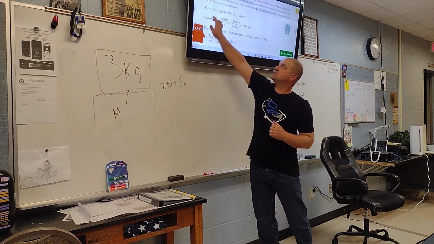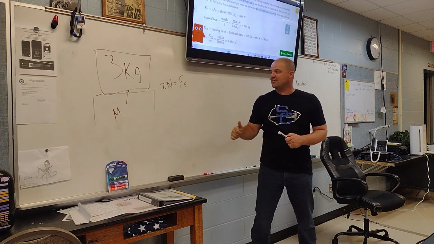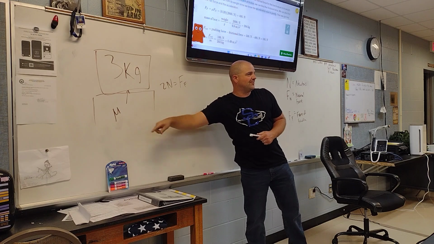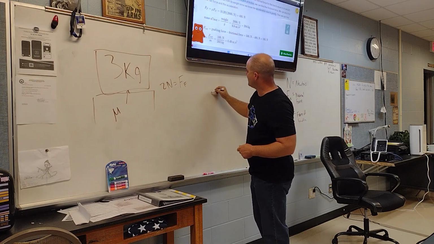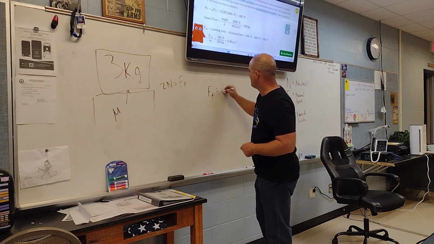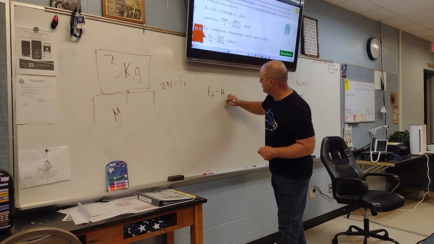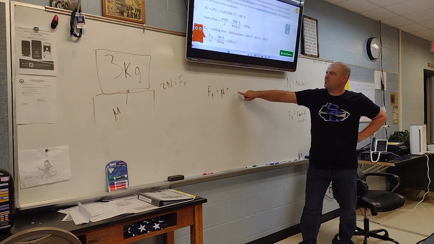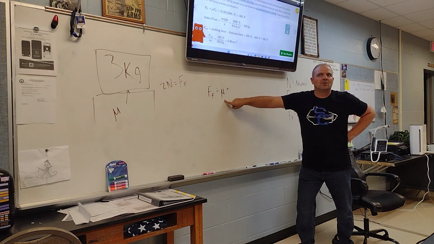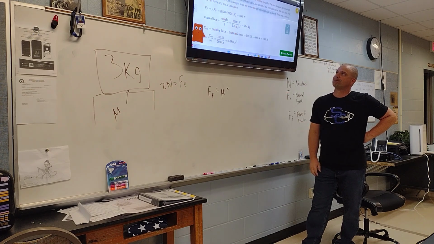We want to use a formula that will give us the coefficient of friction. This formula has a coefficient of friction, and it has the friction force, which we're given. What are we multiplying the coefficient of friction by?